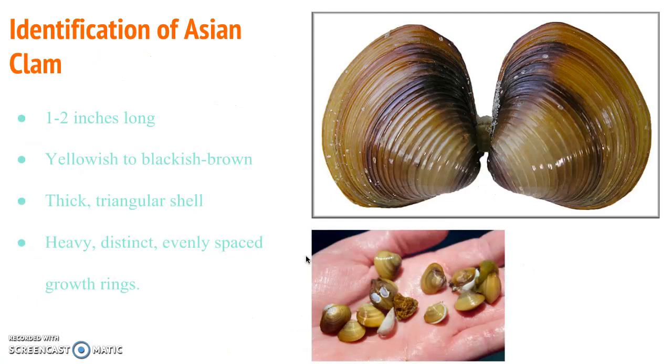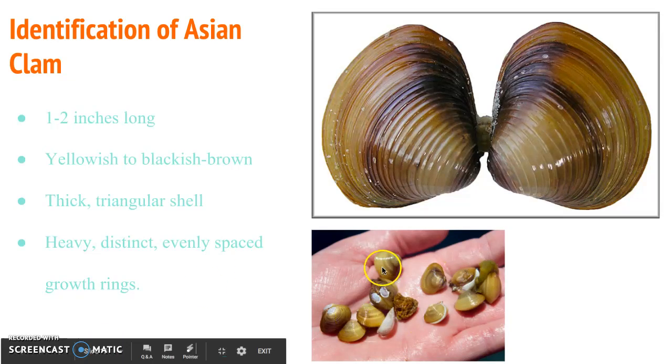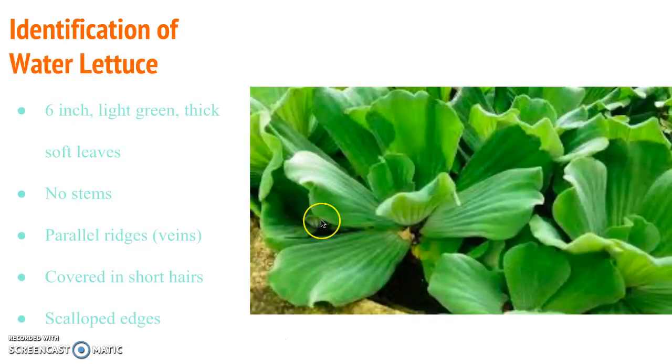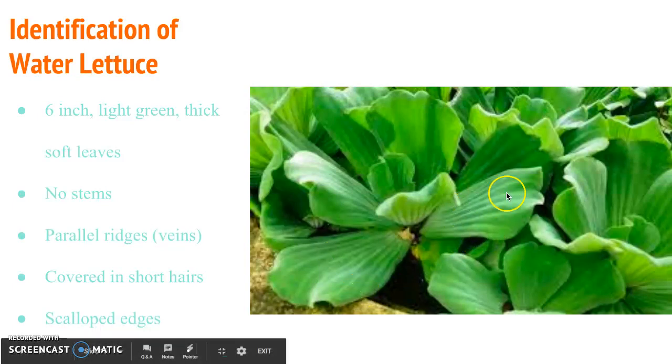Identification of the Asian clam. So the Asian clam is 1 to 2 inches long and has a yellowish to blackish brown, thick, triangular shell with heavy, distinct, evenly spaced growth rings. And as you can see in this picture down here, they're pretty small. Identification of water lettuce. They are 6 inches long. They have light green, thick, soft leaves, no stems, parallel ridges, the veins right here.